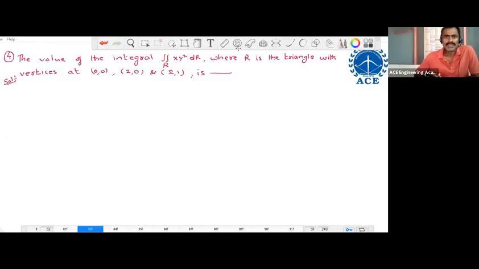Always the limits of the integral may not be given. Instead of giving the limits of integral, the region of integration is given. Already I told that a single integral will be evaluated along the coordinate axis, along the x-axis, y-axis or z-axis.